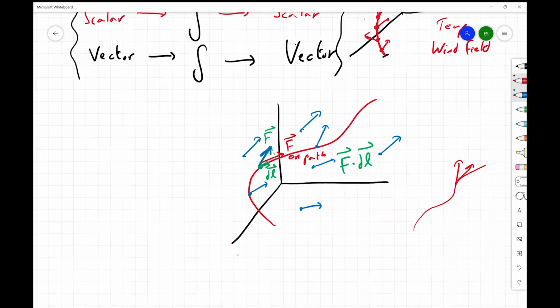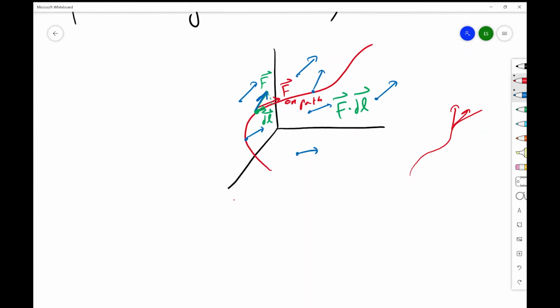The kind of line integral that makes physical sense, I'll write it down now, is the kind where you have a vector field F, which is a vector field across space at every point in space, and then you dot it.